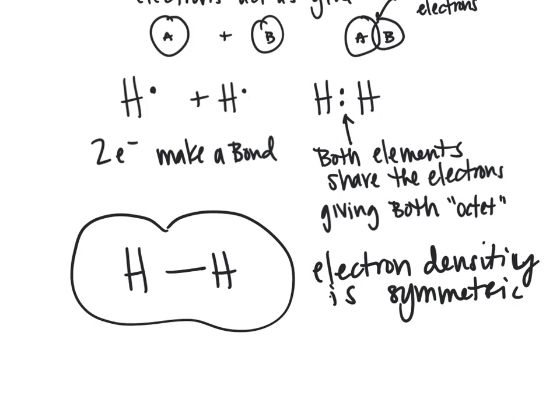And symmetric is important because in some of the upcoming sections, we'll start to talk about when it's uneven. So it's important to know when it's even and when it's uneven.